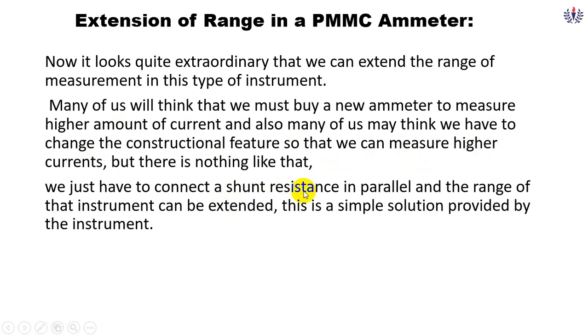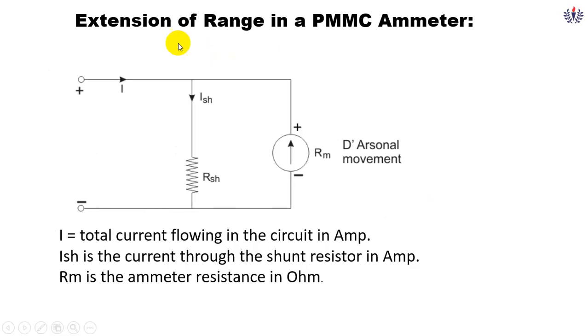You put a shunt resistance in parallel according to the range you want to include. This may be the simplest solution instead of buying a higher range ammeter. This type of meter is known as the extended range PMMC ammeter. Here you can see I have inserted only one resistance in parallel to this meter.